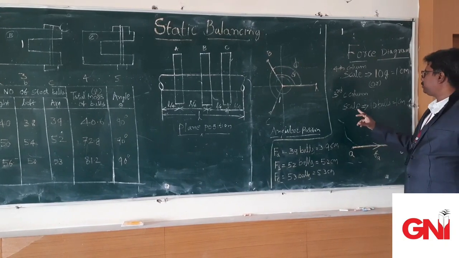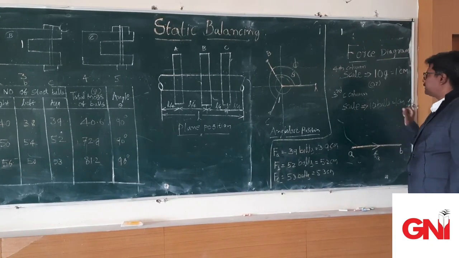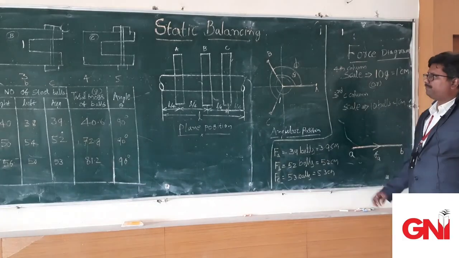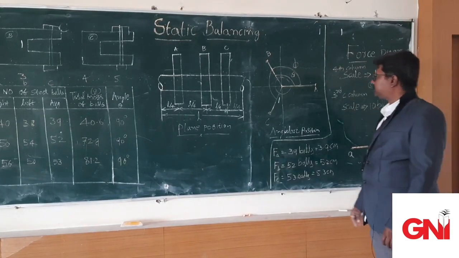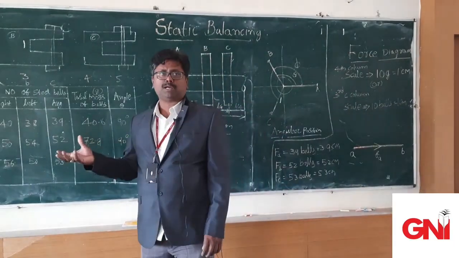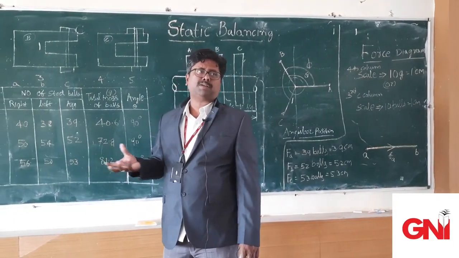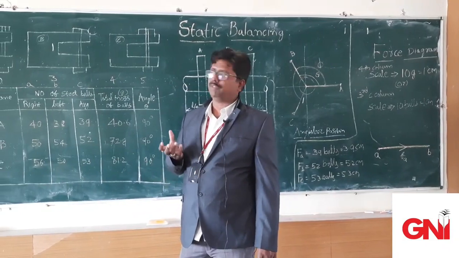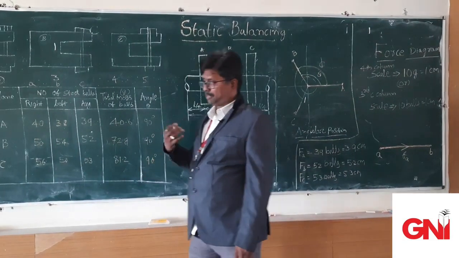Here I am going to take the scale as 10 balls is 1 centimeter. So when I consider 10 balls as 1 centimeter, the force means the weight of the A block, weight of the B block and weight of the C block in terms of balls.